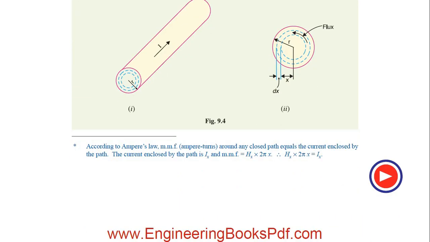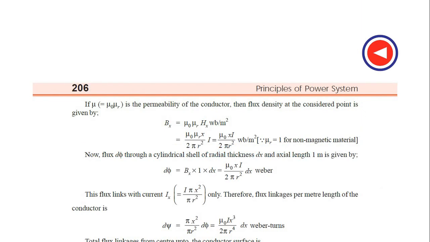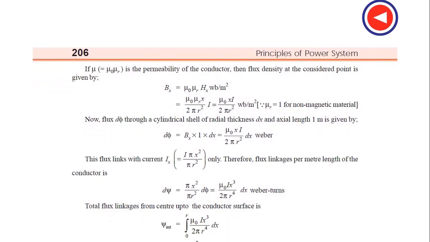So going ahead, we will see there is one more term introduced over here, that is flux density, capital B. Flux intensity is H, flux density is capital B. So if mu is equal to mu naught into mu r is the permeability of the conductor, then flux density at the considered point is given by Bx is equal to mu naught mu r into Hx.